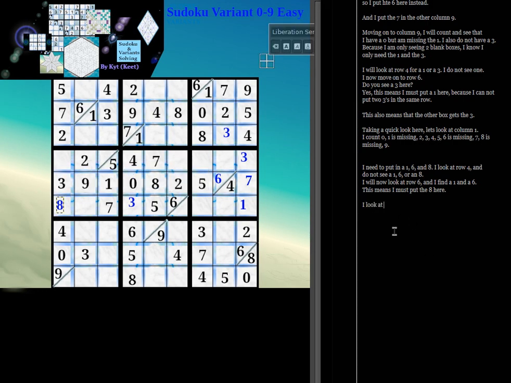I look at row 9 and see an 8. I do not see a 1 or a 6. This means we cannot put those numbers in yet, but can do pencil markings.